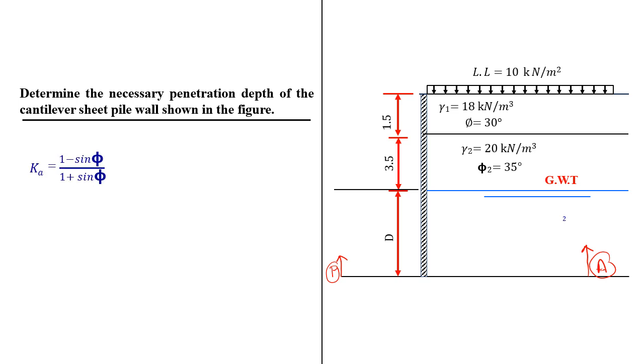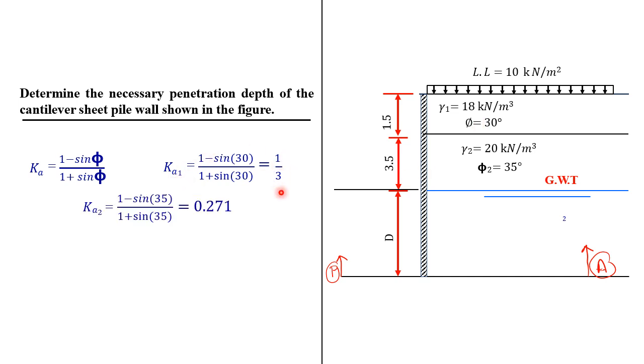For K active it's 1 minus sine phi over 1 plus sine phi. For the first soil layer, which has a friction angle of 30 degrees, I will get a K active of 1/3. For the second soil layer, which has a friction angle of 35 degrees, I will get a K active of 0.271 and a K passive of 3.69.